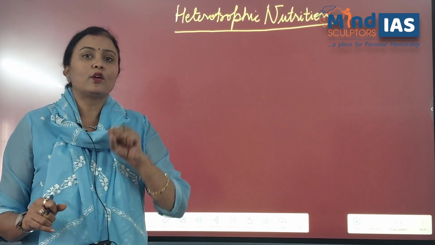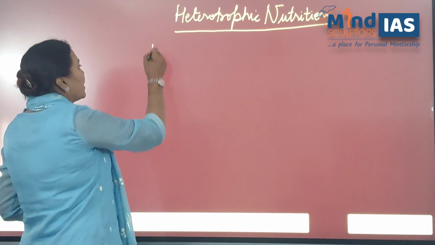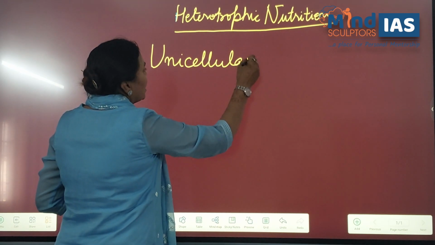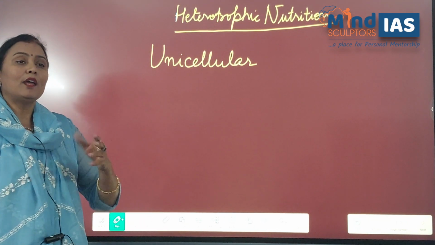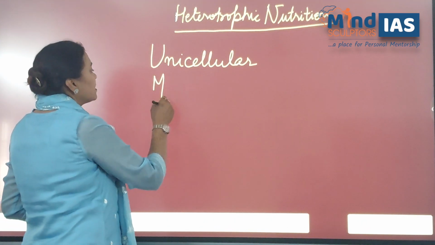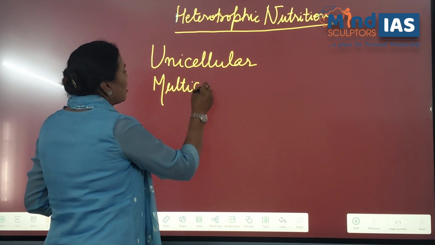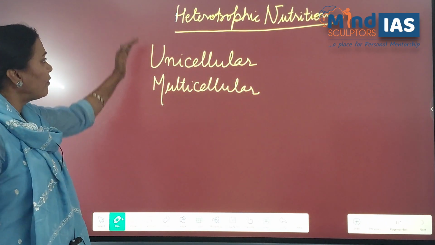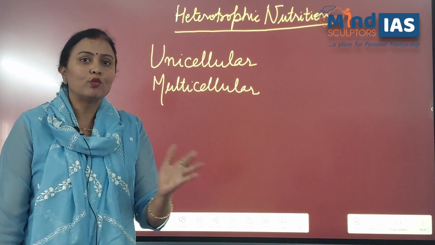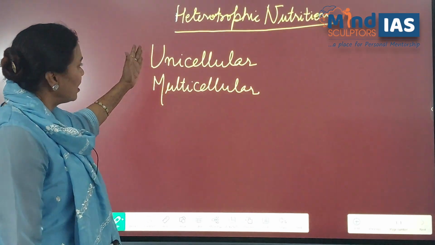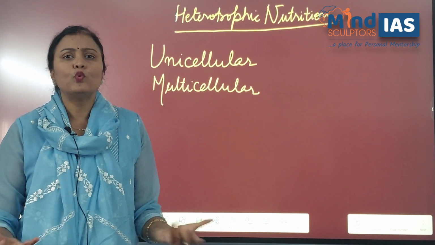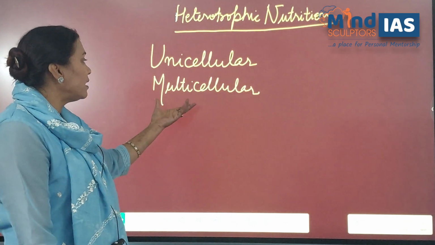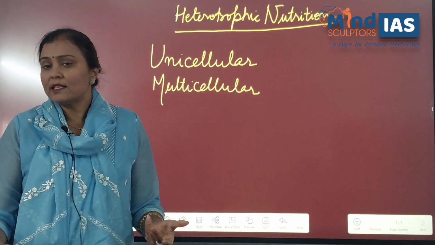But a microorganism is unicellular, made up of a single cell, while human beings are multicellular, made up of many cells. Both have a heterotrophic mode of nutrition, but in unicellular organisms the way they take food and utilize it for getting energy is different from multicellular organisms.